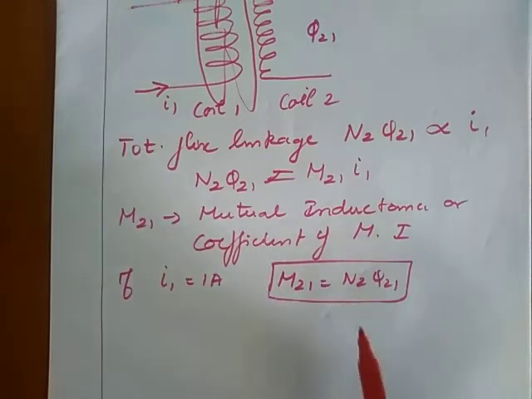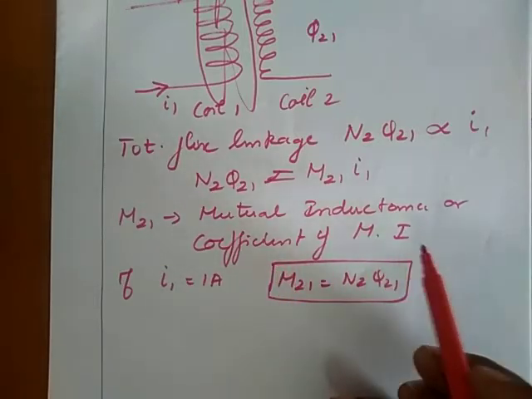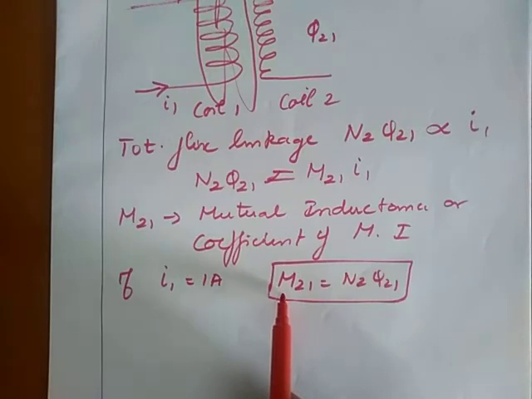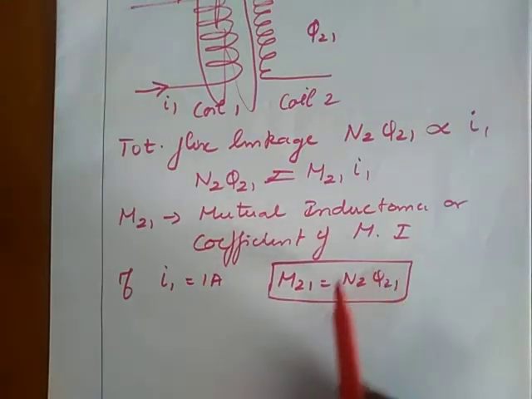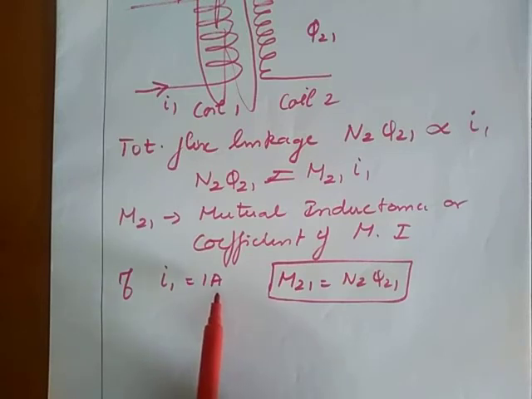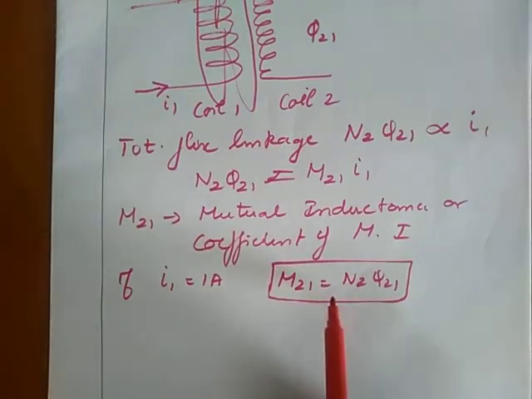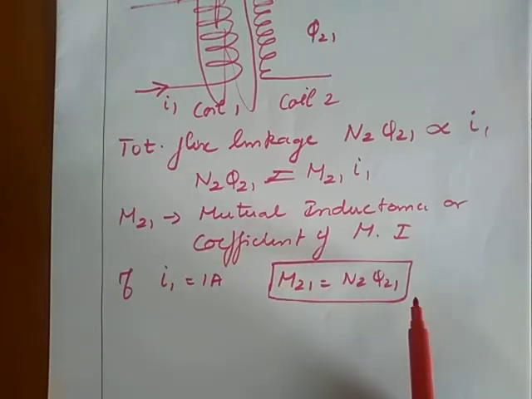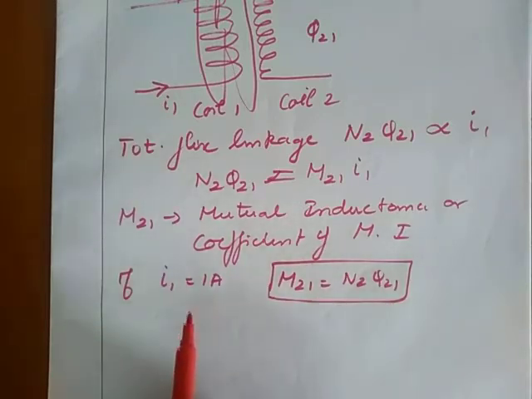By using this equation, we can define the mutual inductance of coil 2 with respect to coil 1. It is nothing but the total flux linkage when 1 ampere current is flowing through coil 1. That is, M21 is defined as the total flux linkage when 1 ampere current flows through the coil.